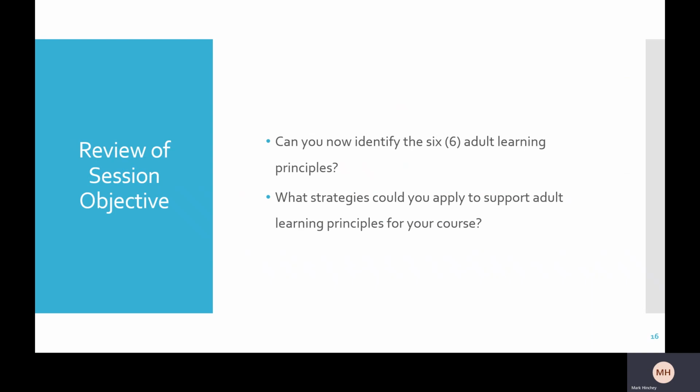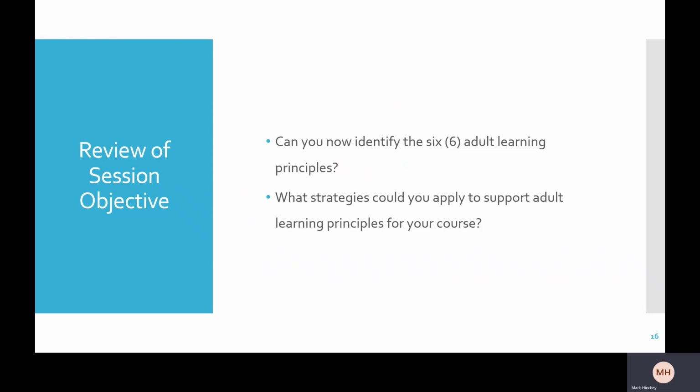So let's just do a review of the session objective. 1, can you now identify the 6 adult learning principles? If not, go back and review those principles, re-listen to this professional development, and consider, point 2, what strategies could you apply to support adult learning principles for your course?